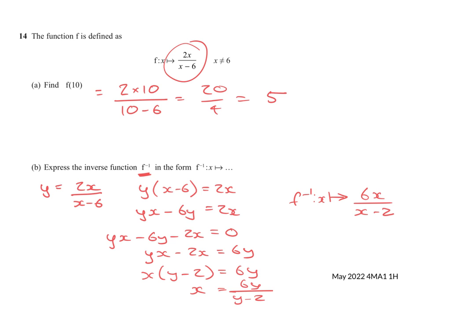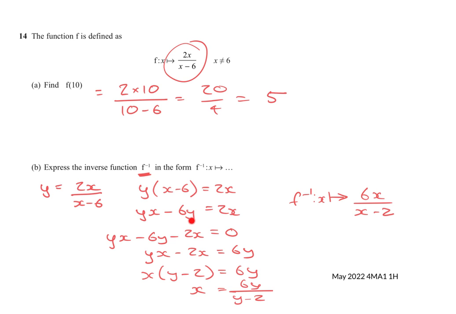Just want to go through that again just so you understand, because the steps are quite often fairly similar. We take our function and we put it equal to y. Then we need to rearrange this to get x on its own. If you have a division here, the first thing you do is to multiply both sides. Now this, remember, you have to treat as one thing. X minus 6 is one item. So we multiply both sides by that. We have no fraction now, but we have a bracket, so we want to expand the bracket to get rid of the bracket.